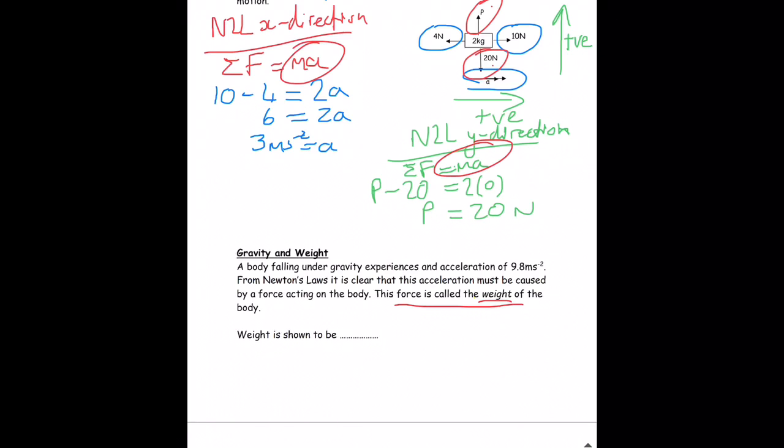So the force, which we call weight, is equal to the mass of the object times the acceleration, which is gravity. So mg is what we call weight, and that's always acting down. If you know the mass of the object, then you know its weight. You just times it by 9.8, which is gravity.